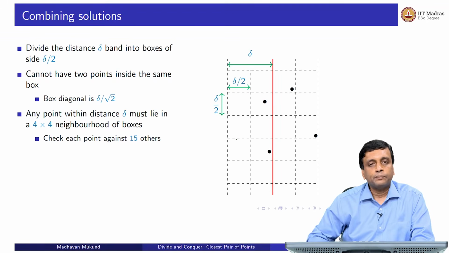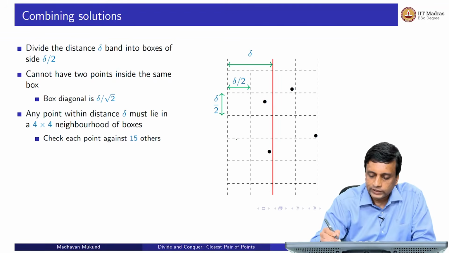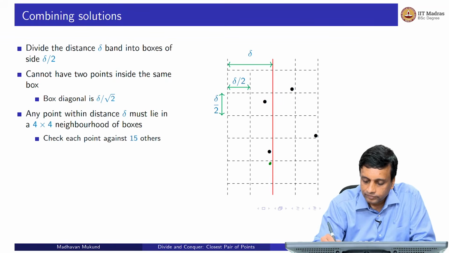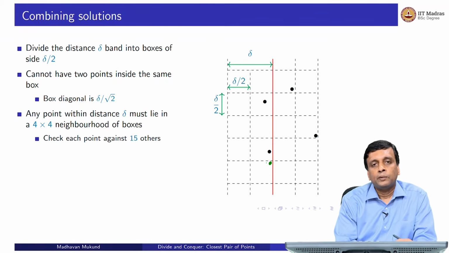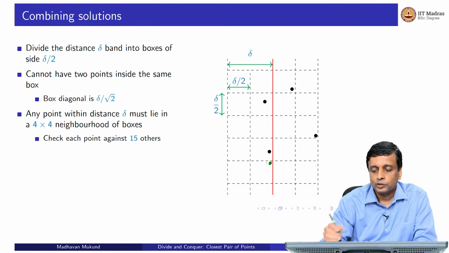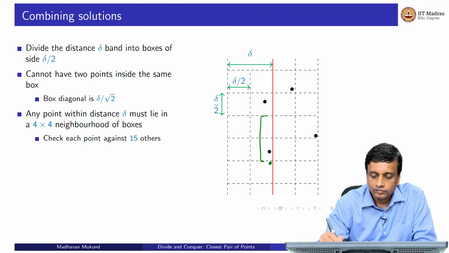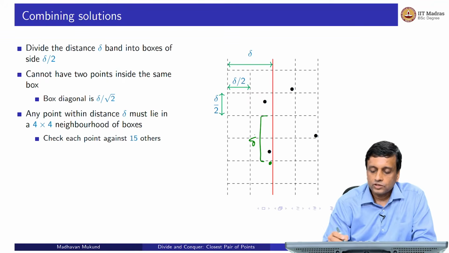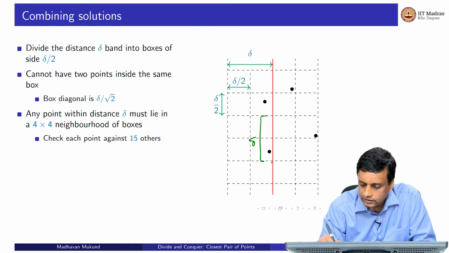So now we are looking at points across these boundaries. So supposing I have a point here, right, and now I want to find a point which is very close to this point but on the other side. So remember that this is delta, right. So perhaps this is just inside this side and maybe this is just outside that side.